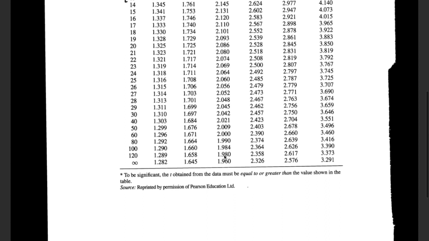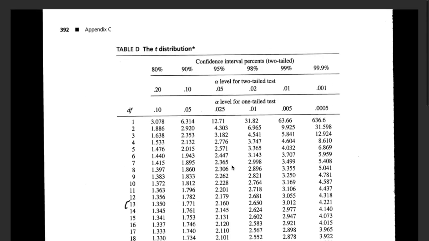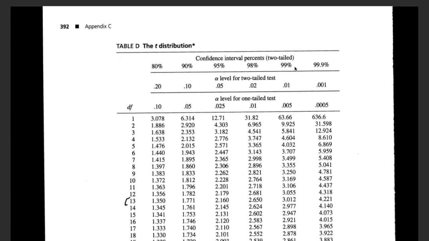Wait, the table only goes up to 120 or infinity. So if you run into this, you can either choose to use 120 or infinity. So you're either using 1.98 or 1.96. Okay, so that's how you find the t critical.